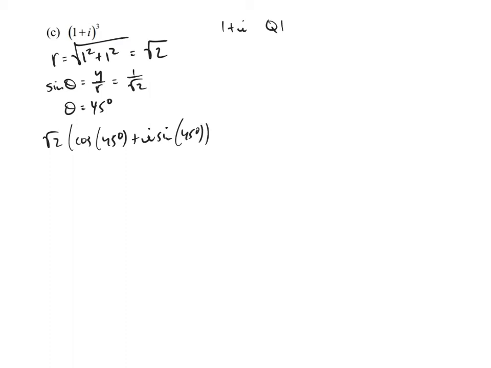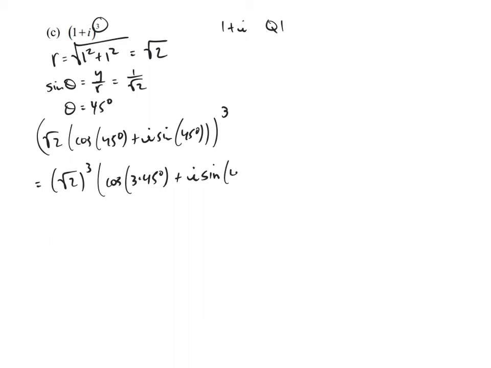Okay, so when I raise this number to the third power, which is what we're doing in this problem, if you look back at the original question, we're raising this to the third. This is going to become the square root of 2 cubed times the cosine of 3 times 45 degrees plus i times the sine of 45 degrees.